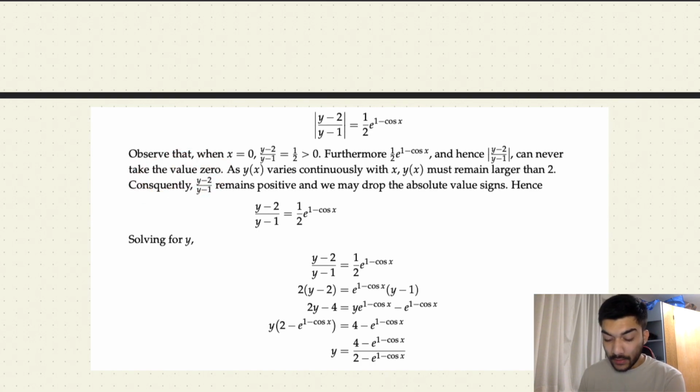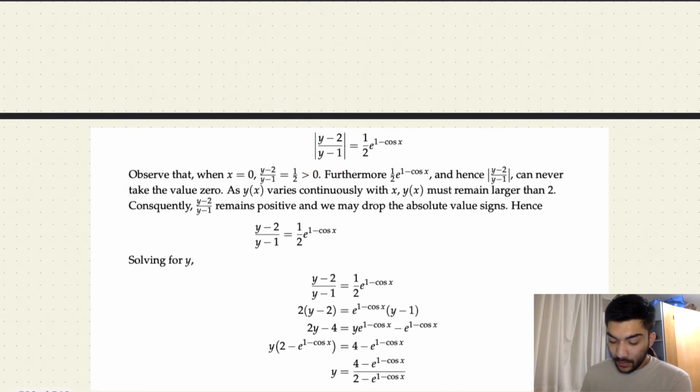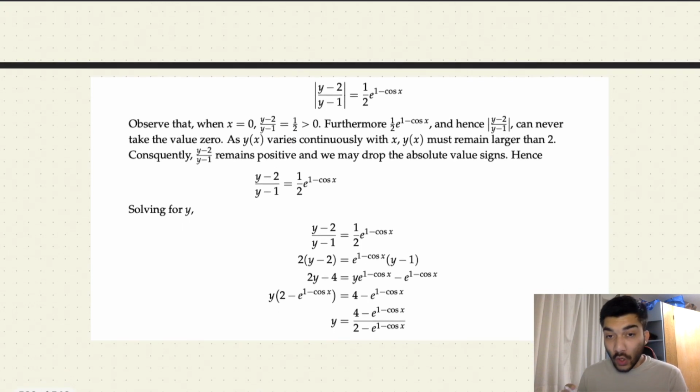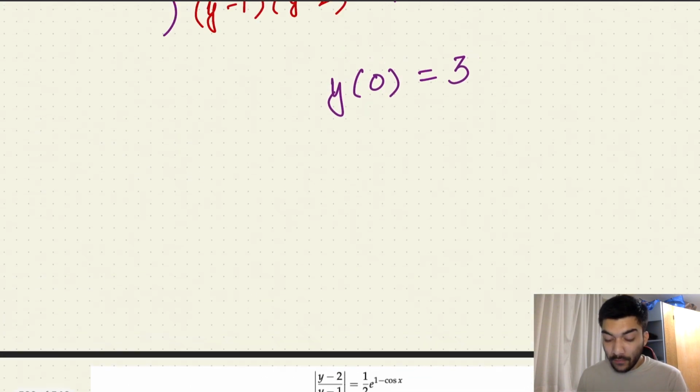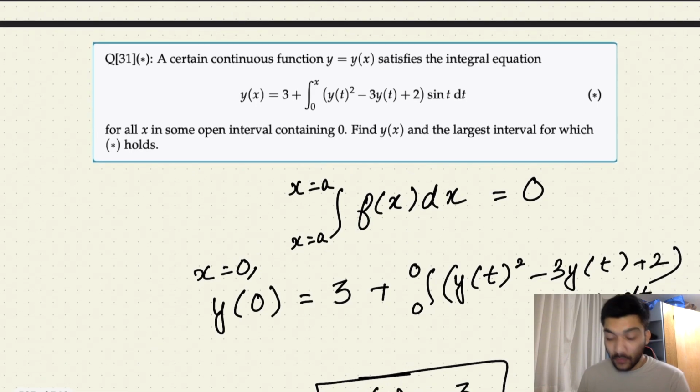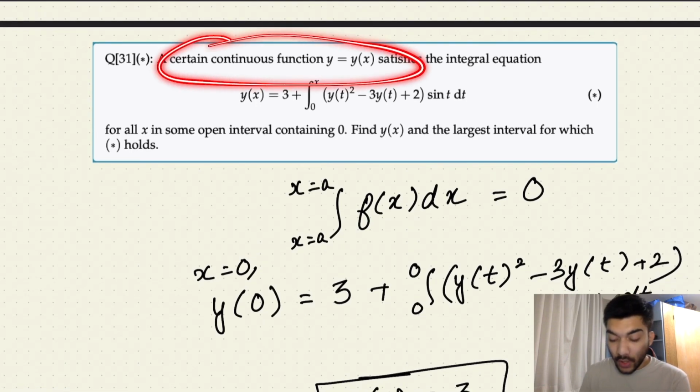That is why our left-hand side would also never take the value of 0. We also know that when x is equal to 0, this expression is 1 by 2, which is positive. And we know one more important fact about the y function: it is a continuous function.